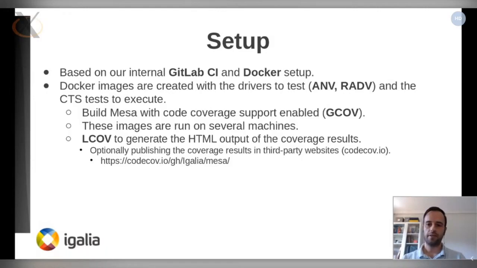Let's start first with the setup. For doing the Mesa code coverage, we use our own existing internal GitLab CI, which uses Docker internally. Our internal CI was used for Intel GPU driver development, so it made sense to reuse it to run the tests there to get the coverage data.